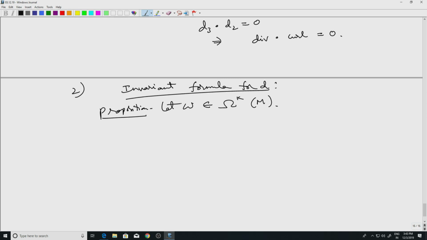Since I already have a definition of d, the claim is that d can be recaptured in this way. d omega acting on x1, x2, up to xk plus 1, where x1, x2, up to xk plus 1 are all vector fields on M.